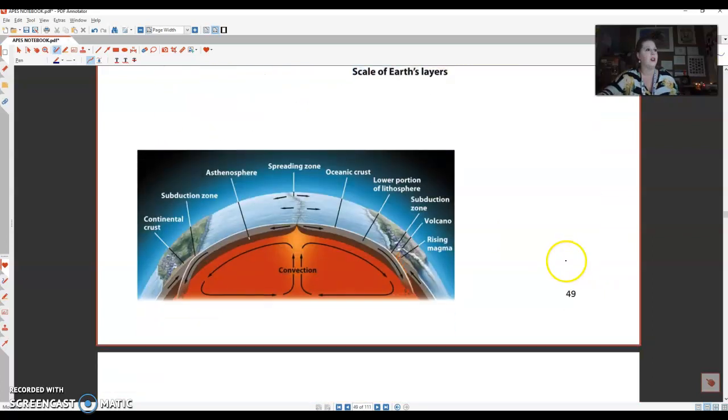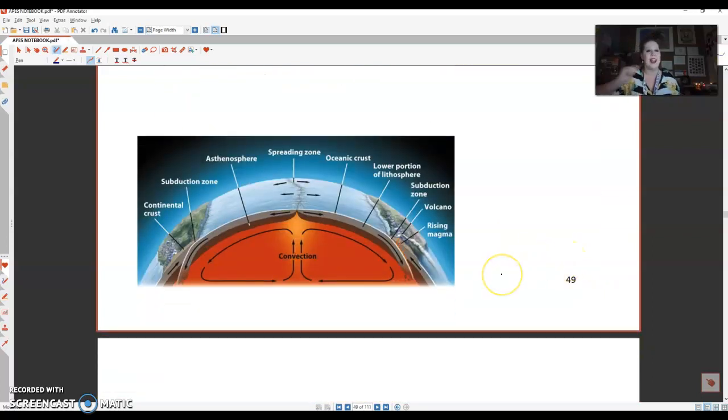Now, this picture shows us exactly how the mantle works. Here we have the top layer, so this is our crust or the lithosphere. Here's that asthenosphere, this is that semi-molten layer, remember? And here is the mantle.